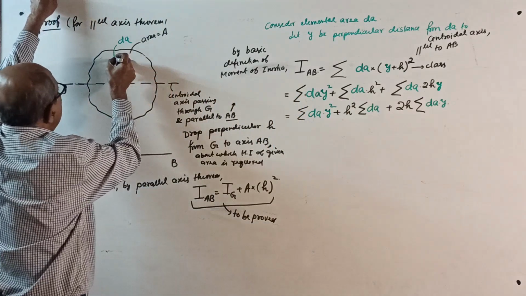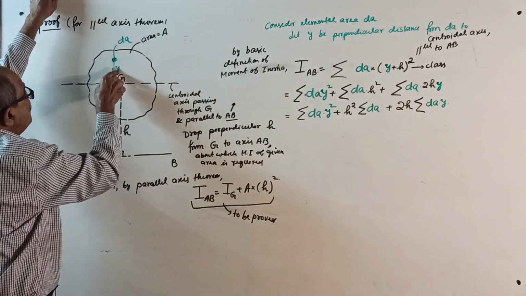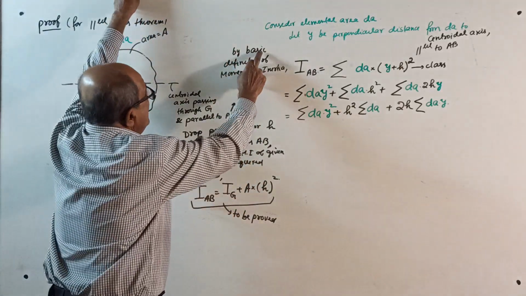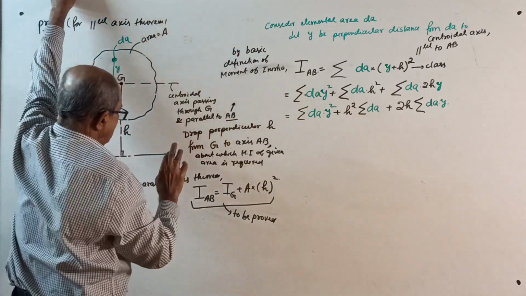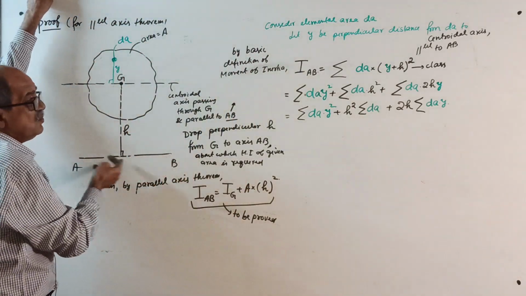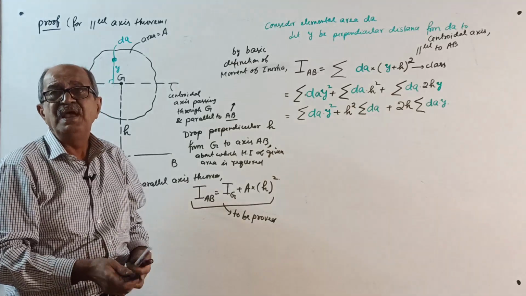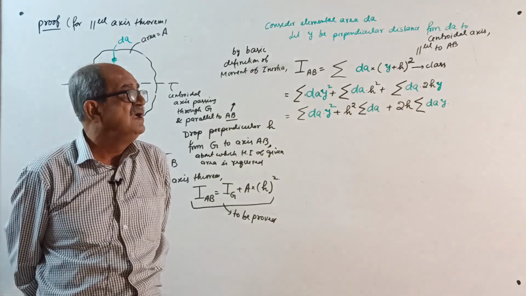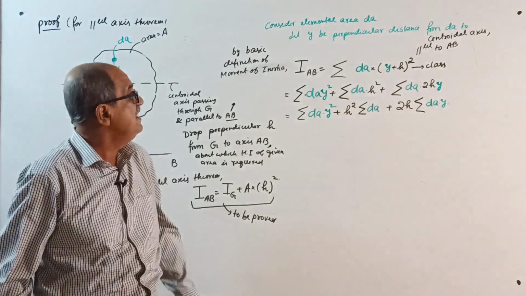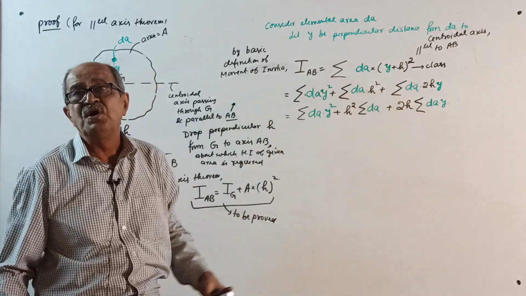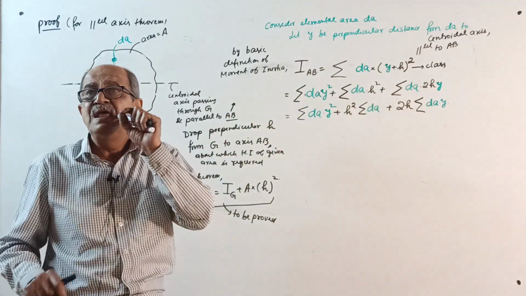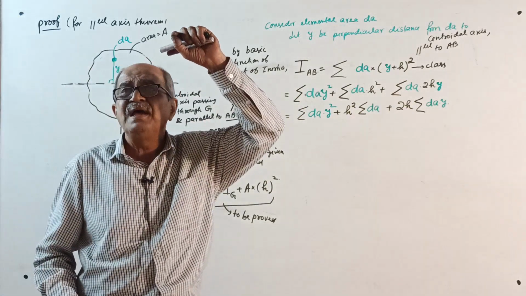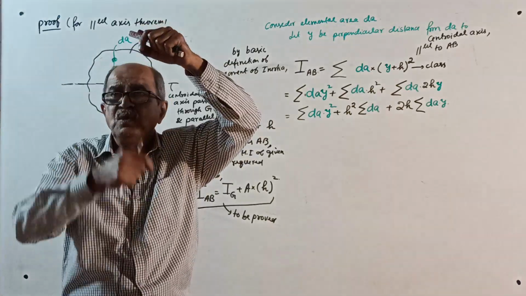By the basic definition of moment of inertia, the moment of inertia of an elemental area is the summation of the product of the elemental area and the perpendicular distance from the elemental area dA to the required axis.